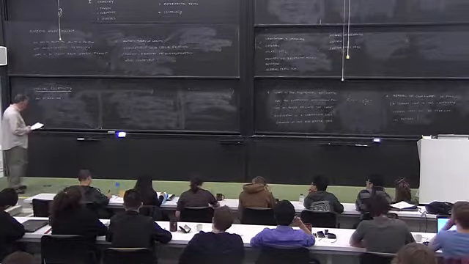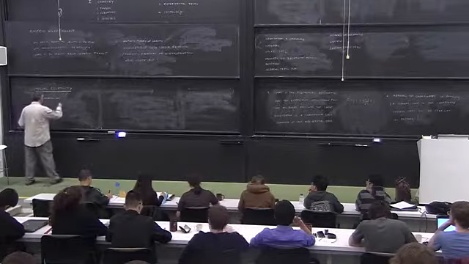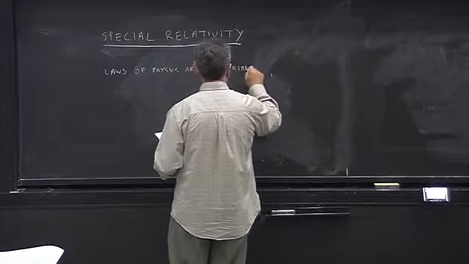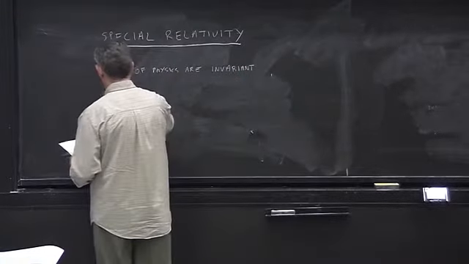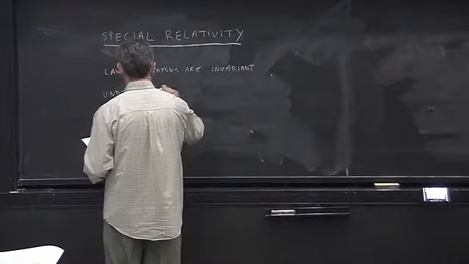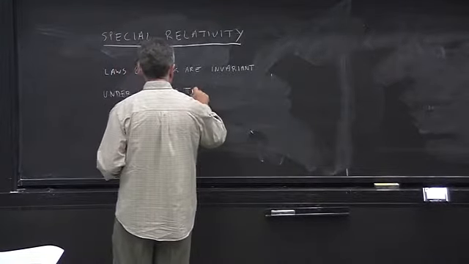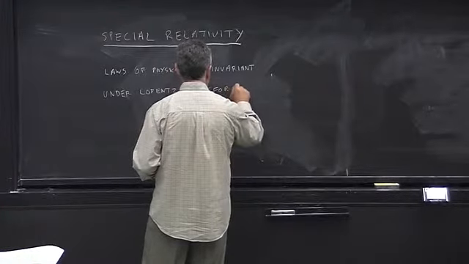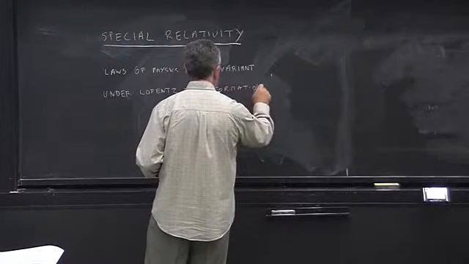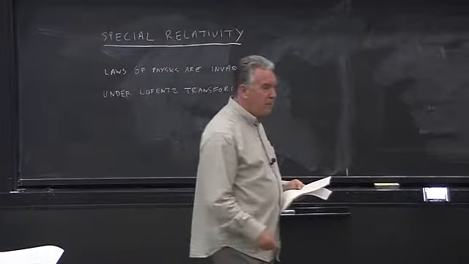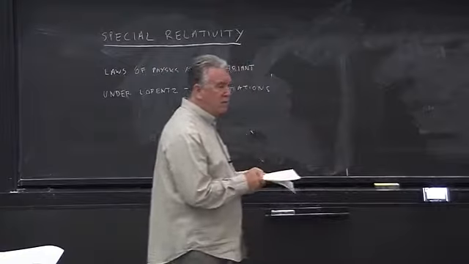And we'll see what Lorentz transformations are. They're called Lorentz transformations because Lorentz himself had some ideas about relativity which he didn't quite articulate as clearly as Einstein, but he got the right transformation laws.